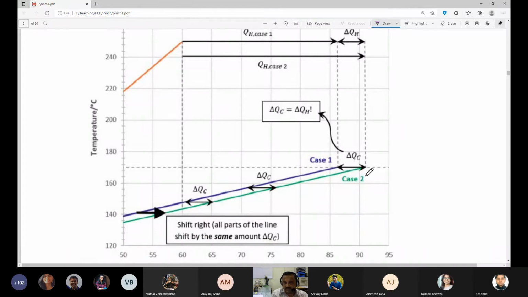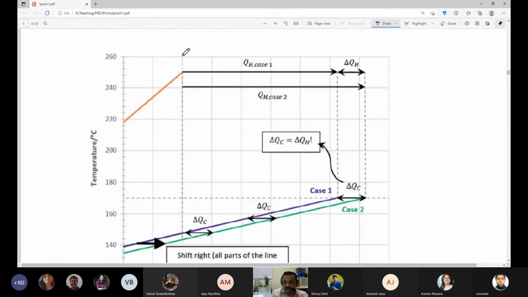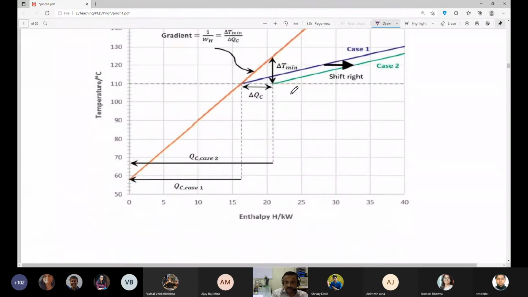It is delta QC. So your original QH was 40 kilowatt or so, as we have been discussing, and you can reduce it or increase it. This delta QH, because of the shift of the line, would be the same as this delta QC, and that delta QC is defined by the slope of this line and the delta T min that you have chosen.